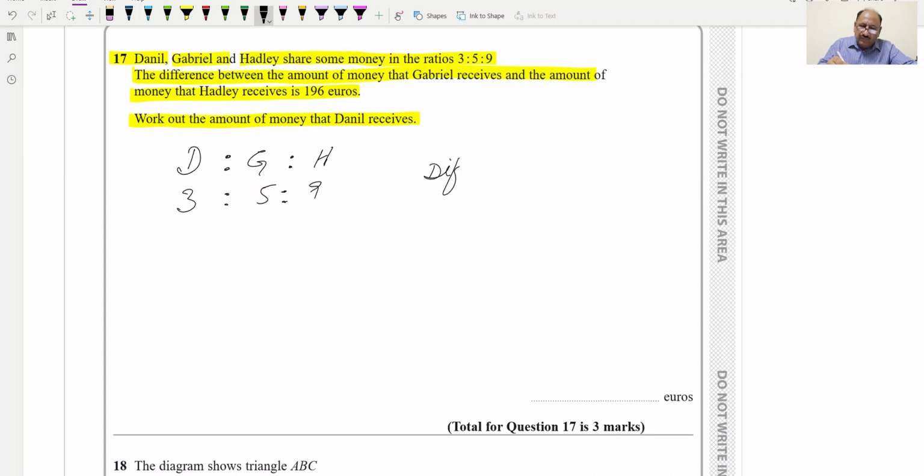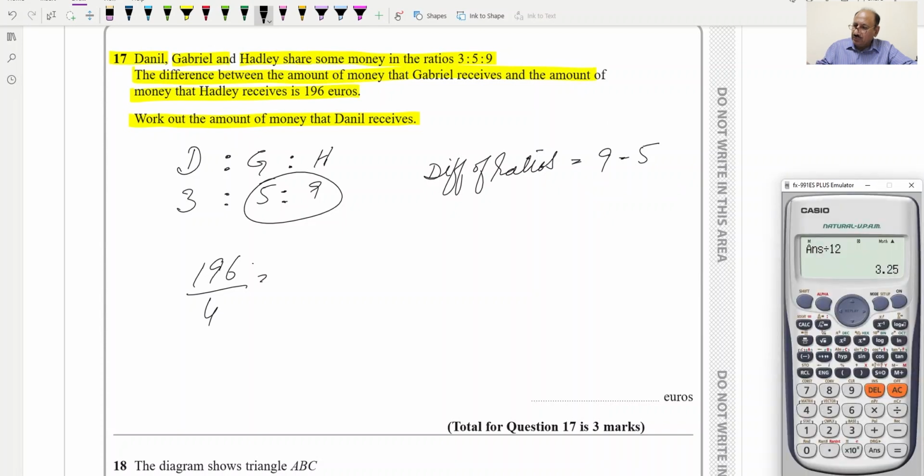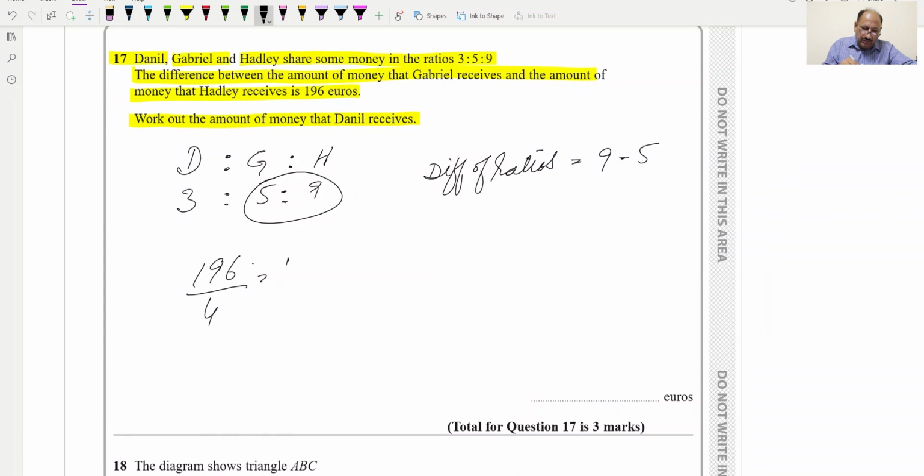Now what is the difference of ratio? We can write the difference of ratios of G and H, basically these two, will be 9 minus 5. So we write 196 divided by the difference of ratios, which is 4, and this will be equal to 196 divided by 4 is equal to 49.